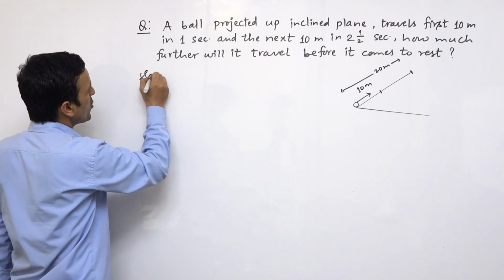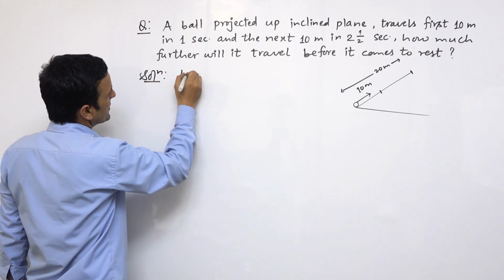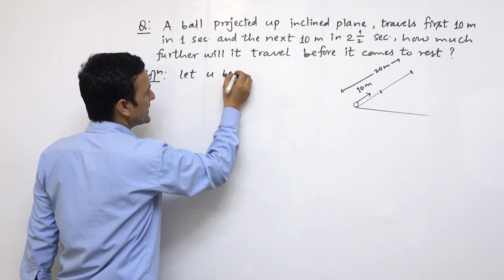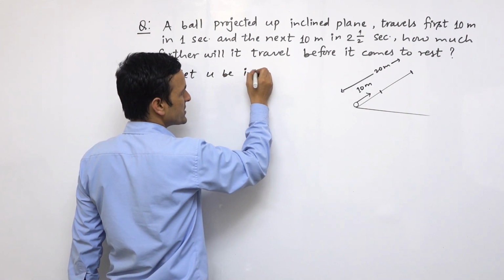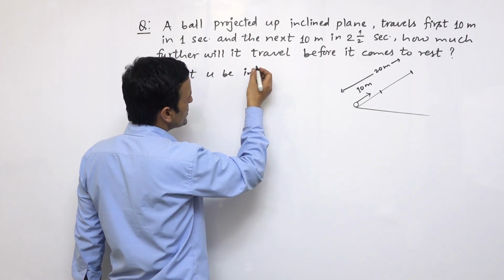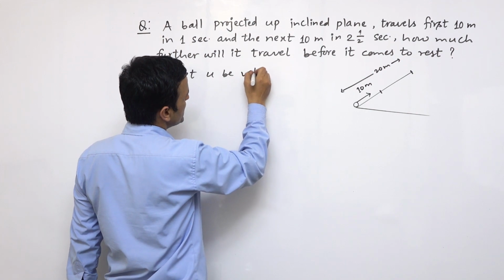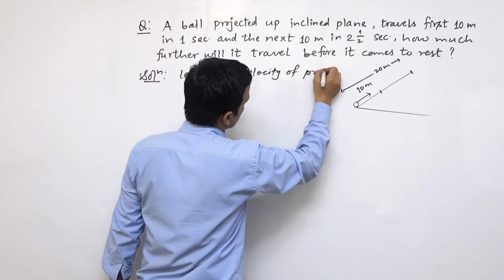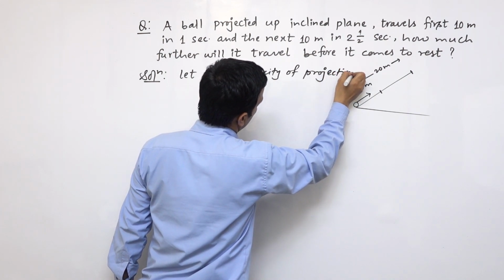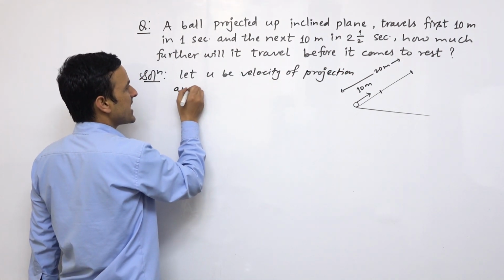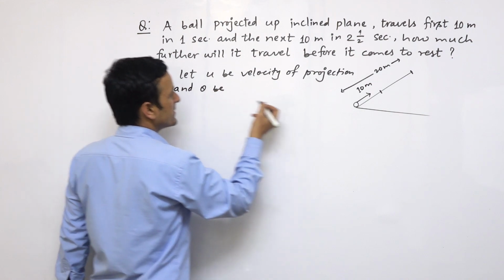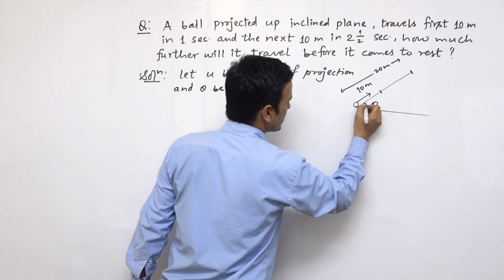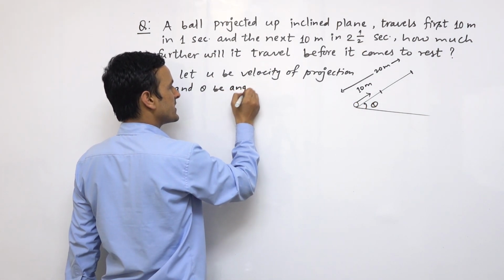So we can suppose it like this. Let u be the initial velocity of projection, and let theta be the angle of inclination.